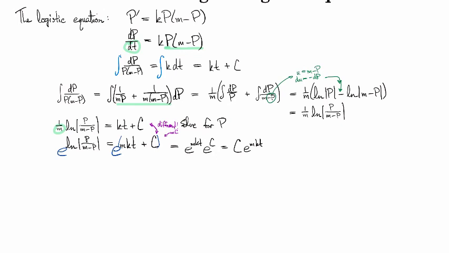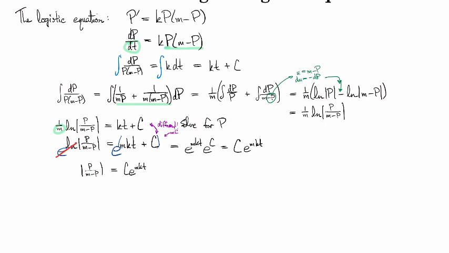So again, abuse of notation. Meanwhile, back on the left-hand side, these have canceled out because the exponential and logarithm functions are inverses. And so we have the absolute value of P over M minus P equal to C e to the Mkt.